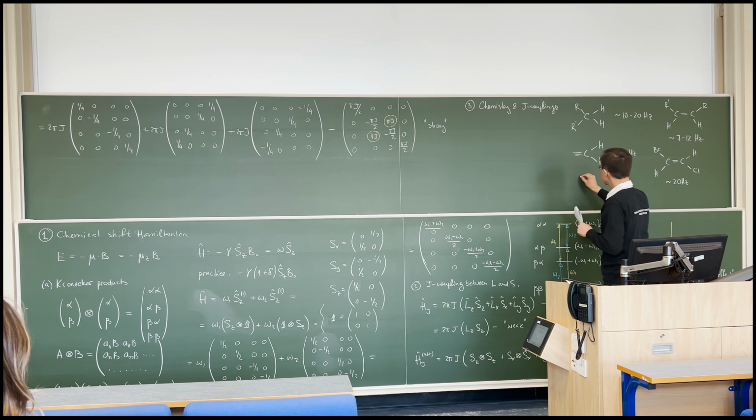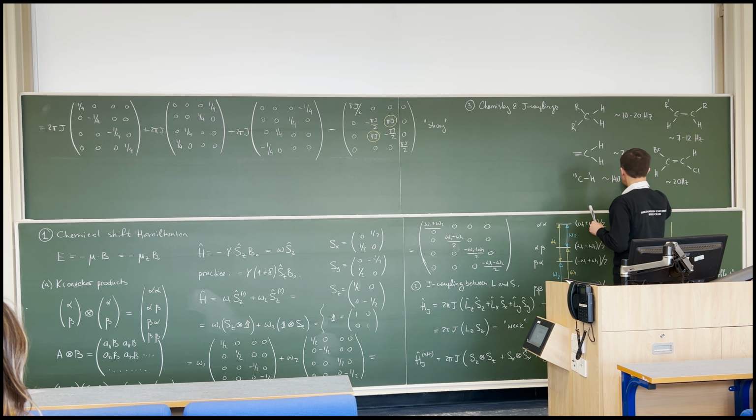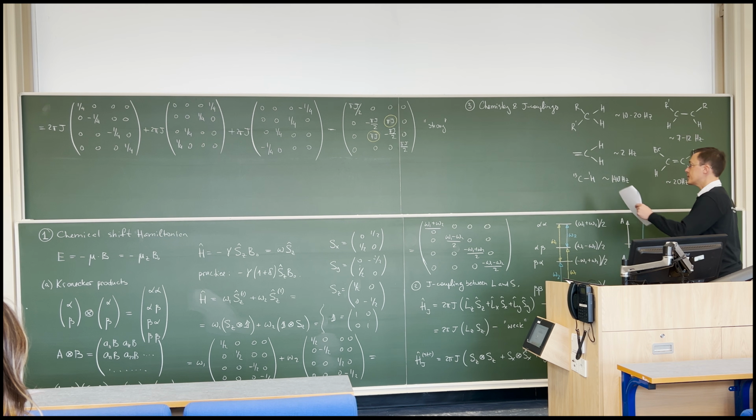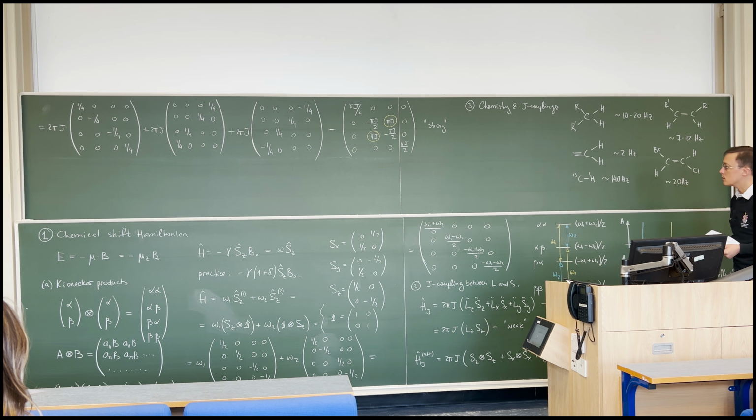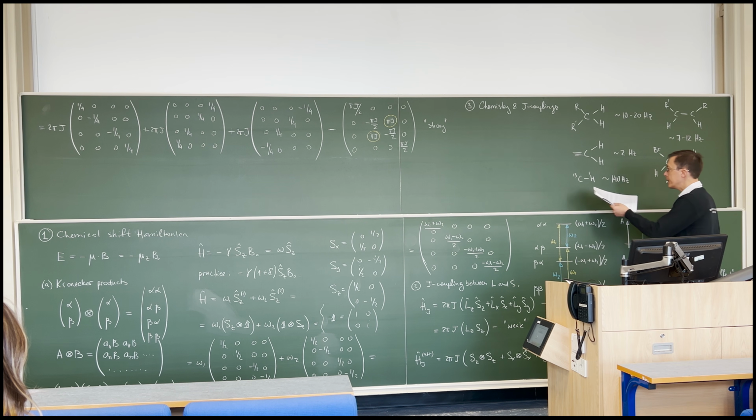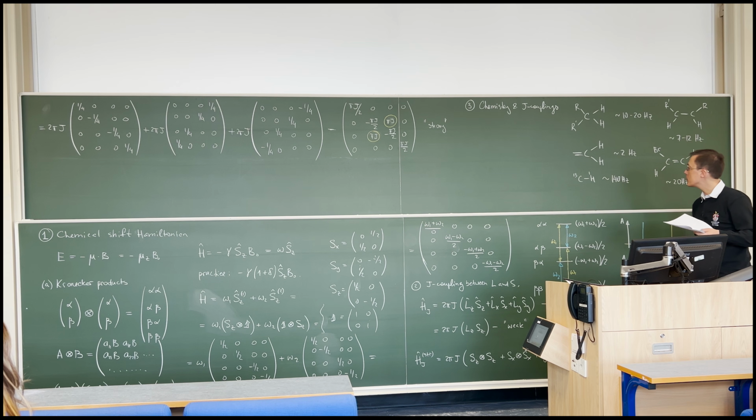Typical CH, so HC J-coupling, so 13C, 1H, is of the order of 140 hertz. Weaker if they are aliphatic, so methyl groups. Stronger if this carbon is bonded to something with a double or a triple bond. In acetylene, I think that's nearly 250 hertz.